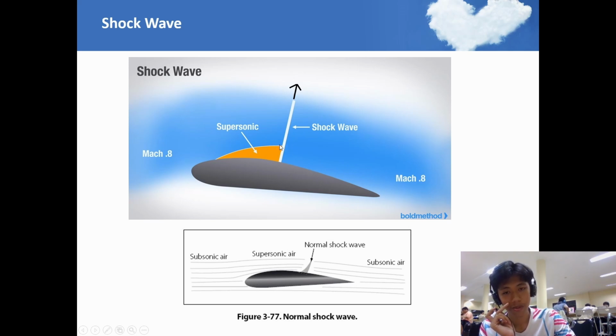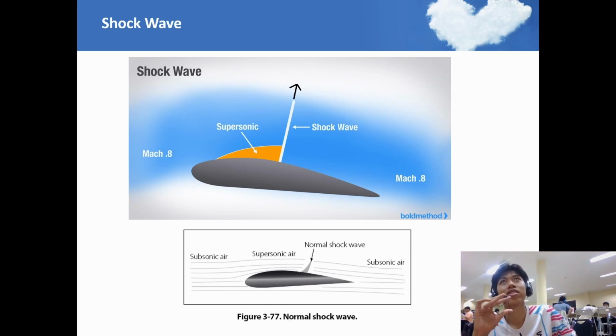According to the picture, there is some part of the wing that will experience maybe Mach 0.8 or more. Therefore, if we fly at Mach 0.8, it is possible that some part of the aircraft wing experiences supersonic speed, exceeding Mach 1. And what will happen if we exceed Mach 1?